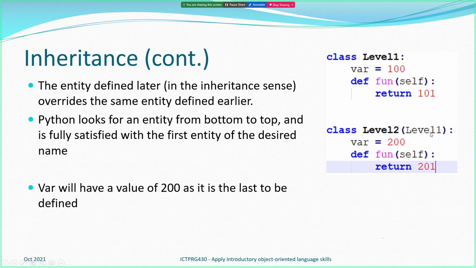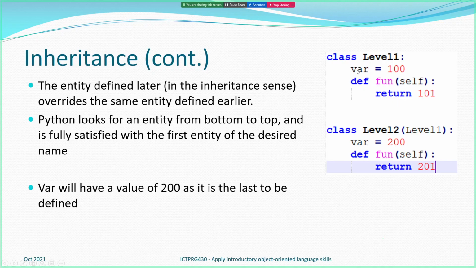Level 2 is a subclass of level 1. They're both using the same variable, var. The last instance being created is the one whose value is used in the same variable.